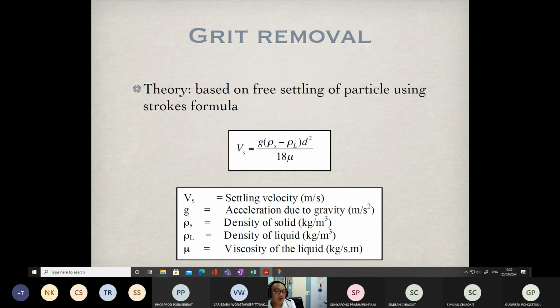You can find it in the appendix of any hydraulic engineering textbook or fluid mechanics textbook.